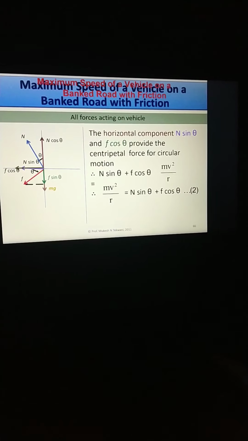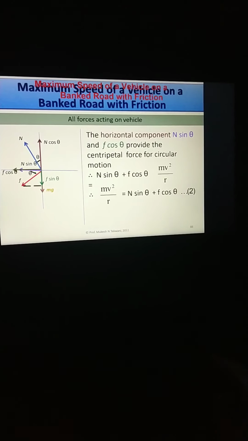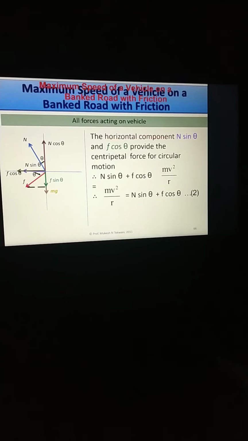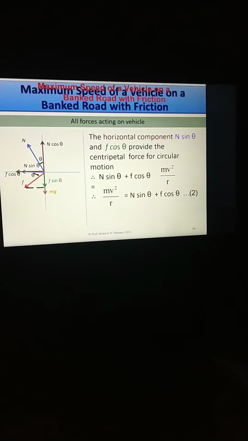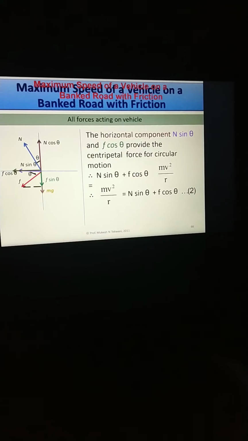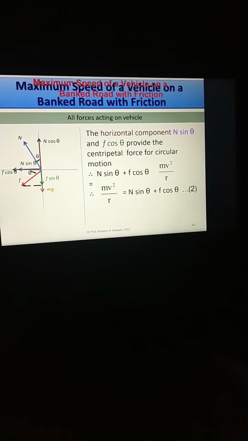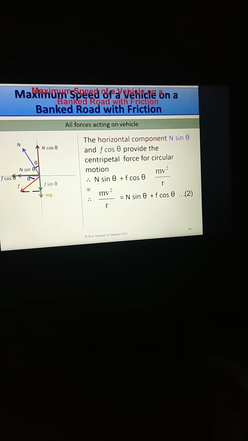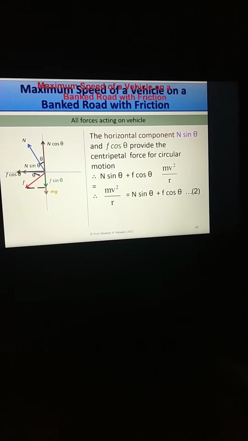Together they will be nothing but the centripetal force. So you can write the equation N sin theta plus F cos theta equal to mv square upon r. Okay, so mv square upon r equal to N sin theta plus F cos theta, right? This is your equation number 2.